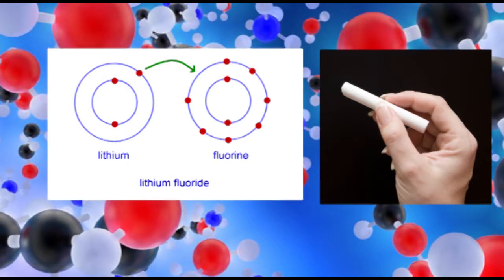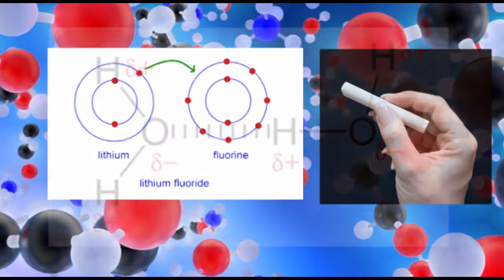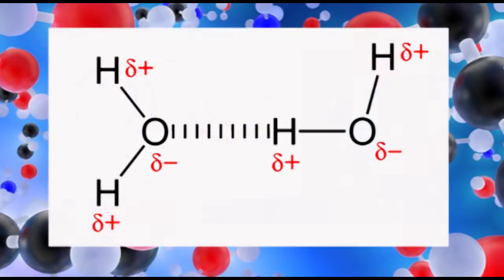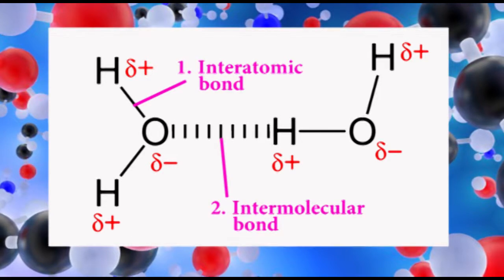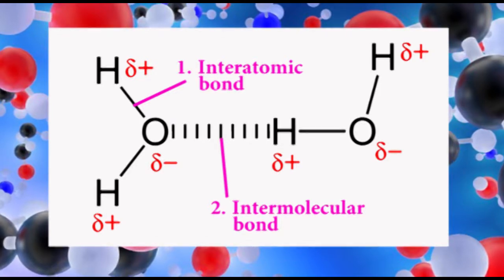Before we end this lecture, let's quickly look at the 2 types of chemical bond we have. There are 2 types of chemical bond. The first bond is the interatomic bond, and the second bond is the intermolecular bond. Now, the word inter simply means between.